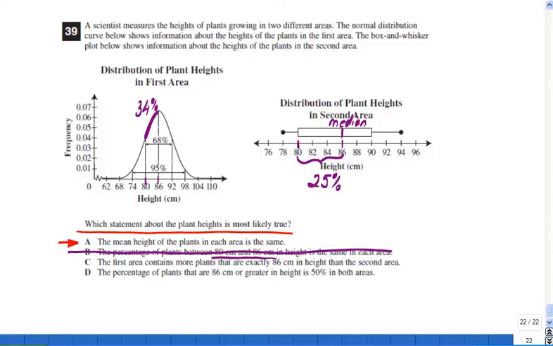Moving on. C. The first area contains more plants that are exactly 86 centimeters in height than the second area. Well, 86 centimeters for the first area, I have what frequency there? 0.06. How about the other one? Well, I don't know exactly how many plants I have there with that height.